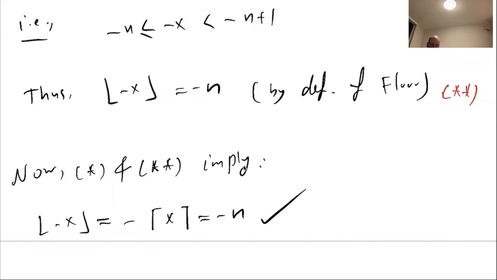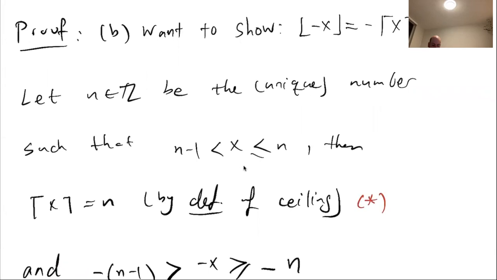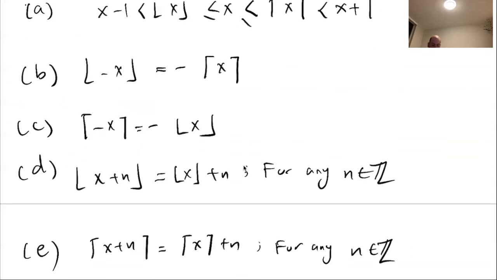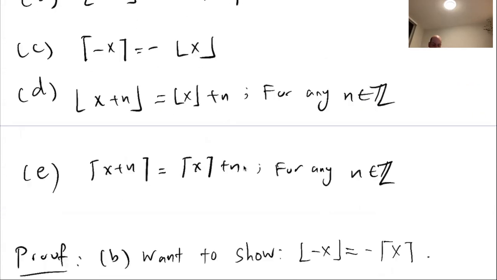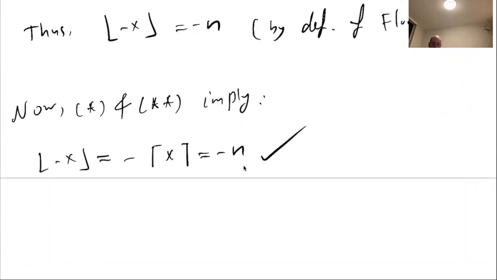Floor of minus x is minus n, that's 2 star. Star says ceiling of x is n. But I want to compare floor of minus x. I'm doing part B. Floor of minus x with minus ceiling of x. So if ceiling of x is n, minus ceiling of x will be minus n, which means it's the same as floor of minus x.